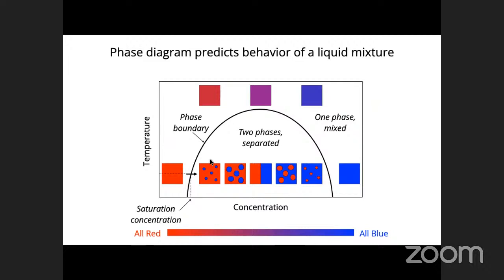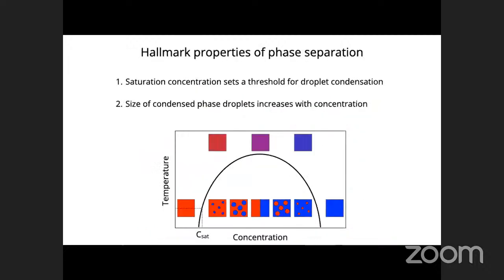And so from this phase diagram, we can pull out two features that then I can test experimentally. So first, the saturation concentration, the concentration at which you first cross this phase boundary, sets a threshold. So below that saturation concentration, you don't see any droplets. Everything is homogeneous.